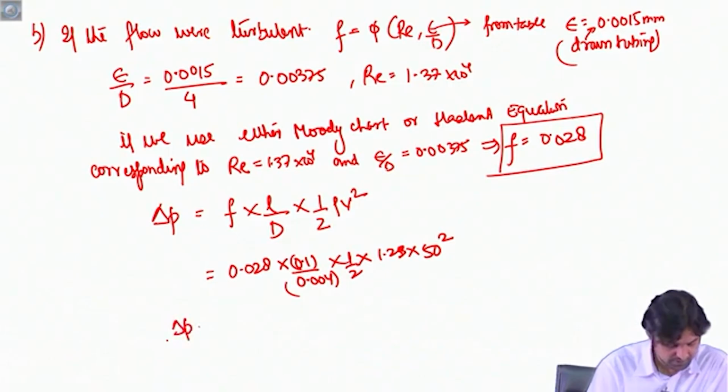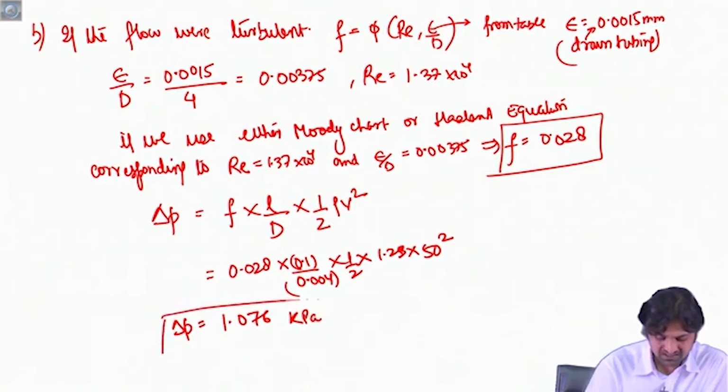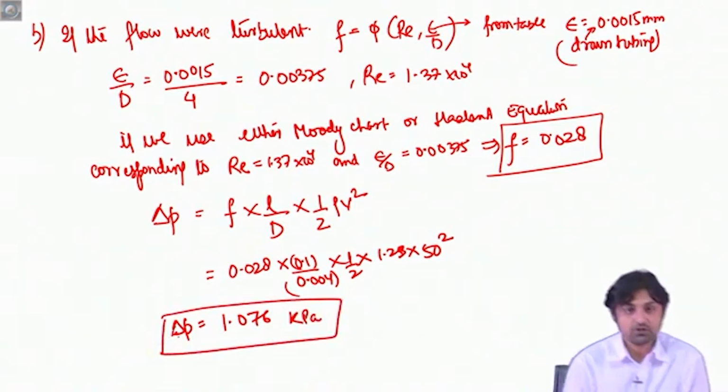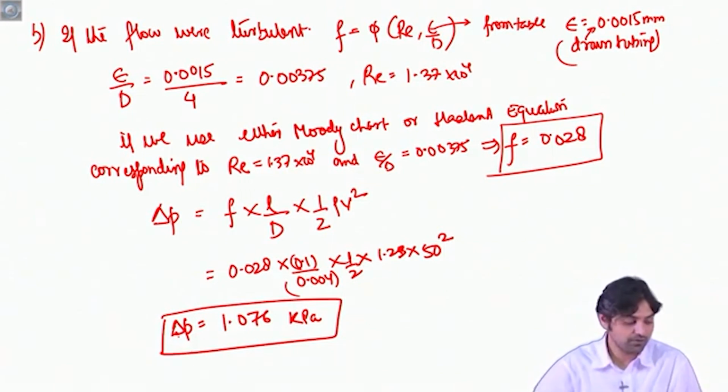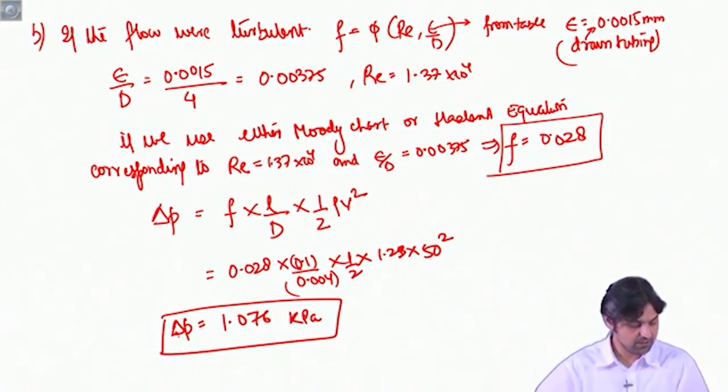So delta P is going to be 0.076 kilopascal. So the pressure drop, as you see, is much more when the flow is turbulent. All right. In the first case, it was only 0.179 kilopascal.